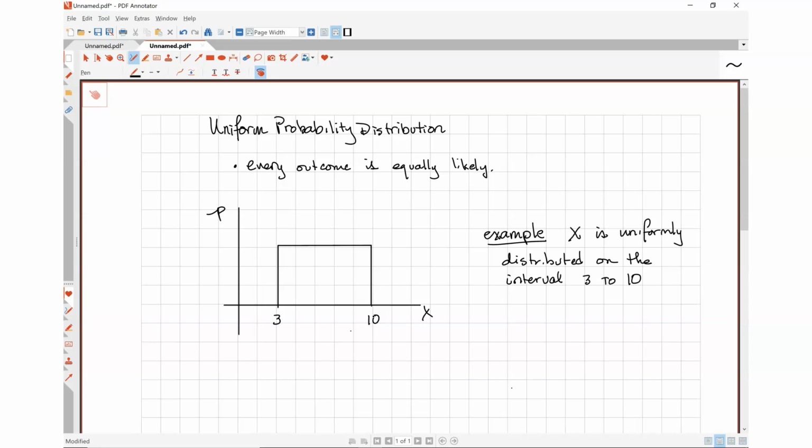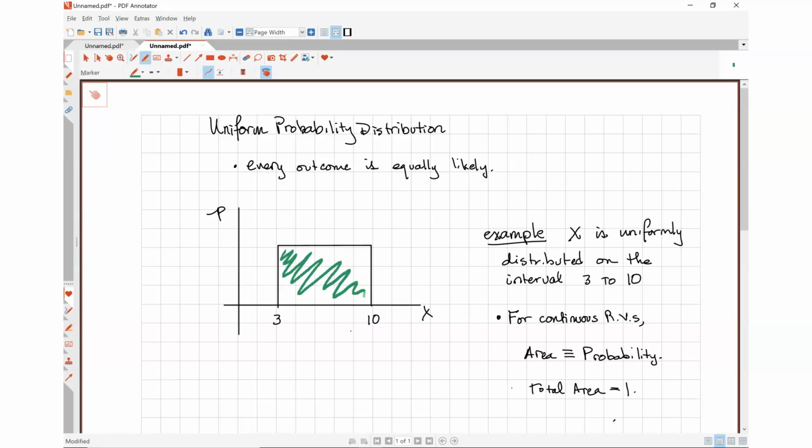And we're going to interpret area as probability, because this is a continuous random variable distribution. And we know that in the case of a continuous random variable, the area that's described by our visualization has got to be a total of 1. So the area of this rectangle is 1.